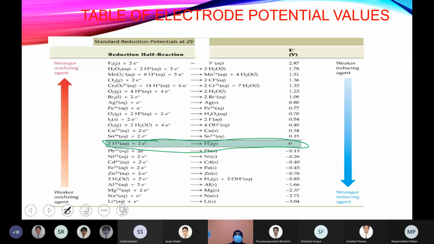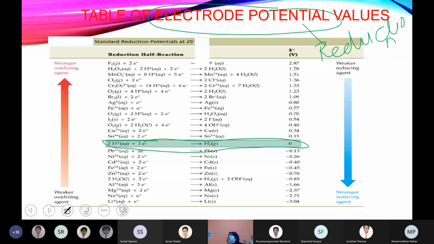Usually, electrode potential technically means reduction. Whenever you have the word electrode potential, automatically it means they are talking about reduction potential, the ability to undergo reduction.